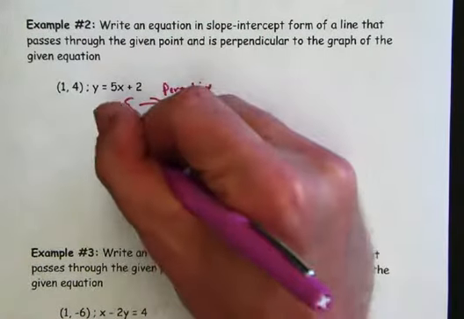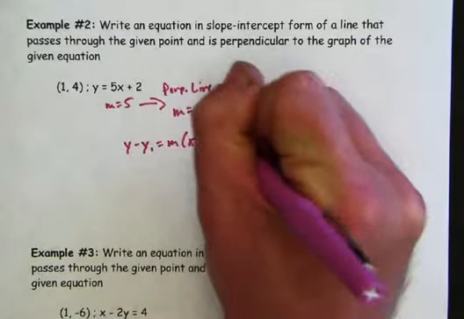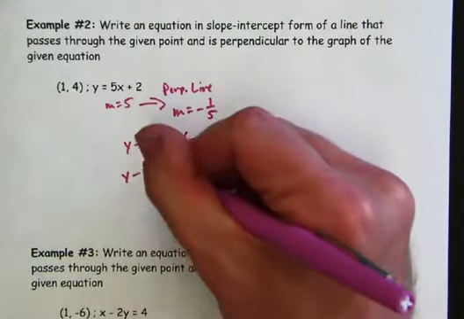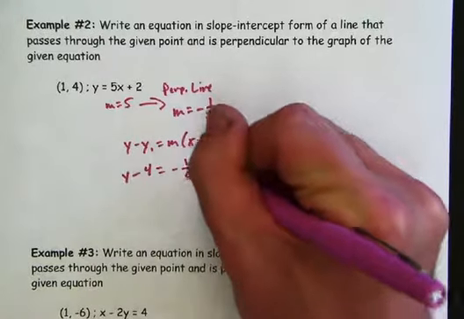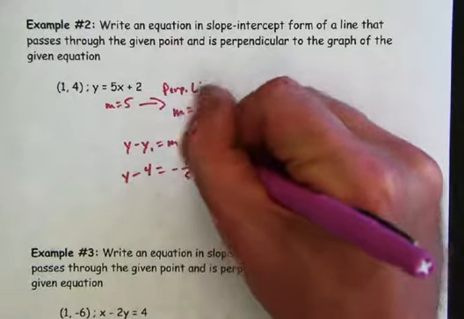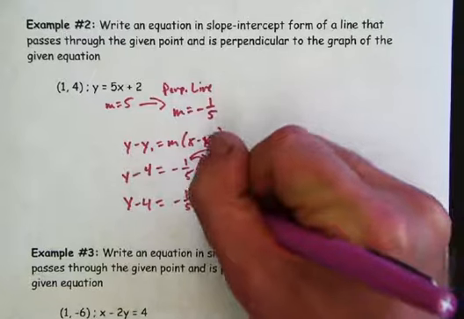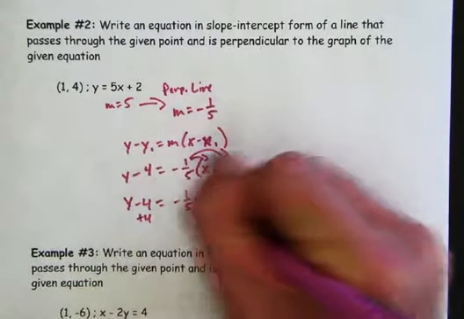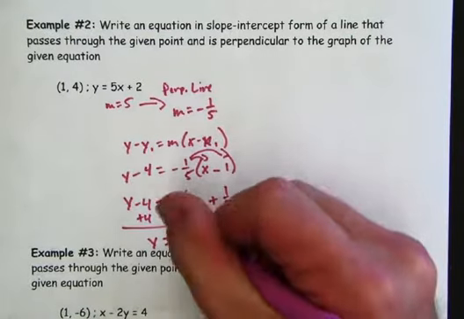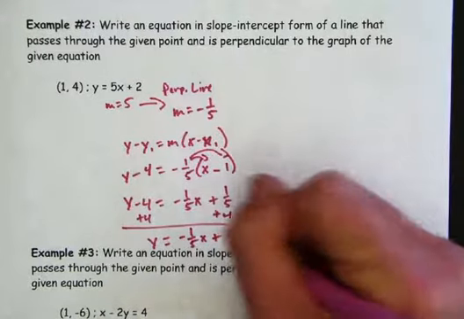Cool. y minus y1 equals m times x minus x1. y minus 4, we got 4 from up here, equals negative 1/5 times x minus, what's x? 1. Distribute. y minus 4 equals negative 1/5 x plus 1/5. Add 4. y equals negative 1/5 x plus 4 1/5, which is also 21/5.